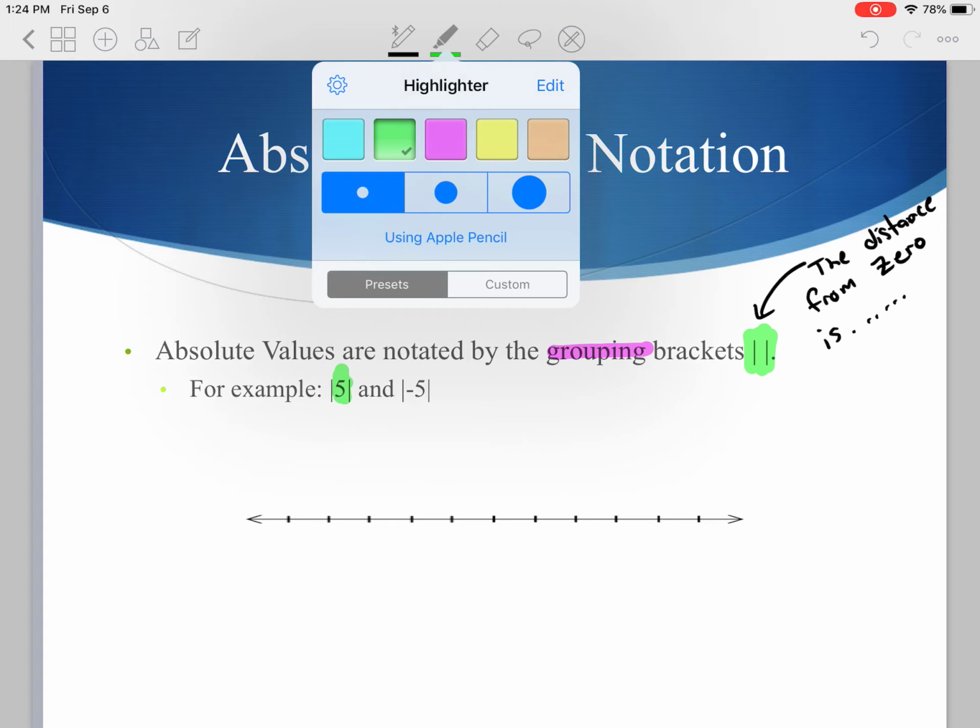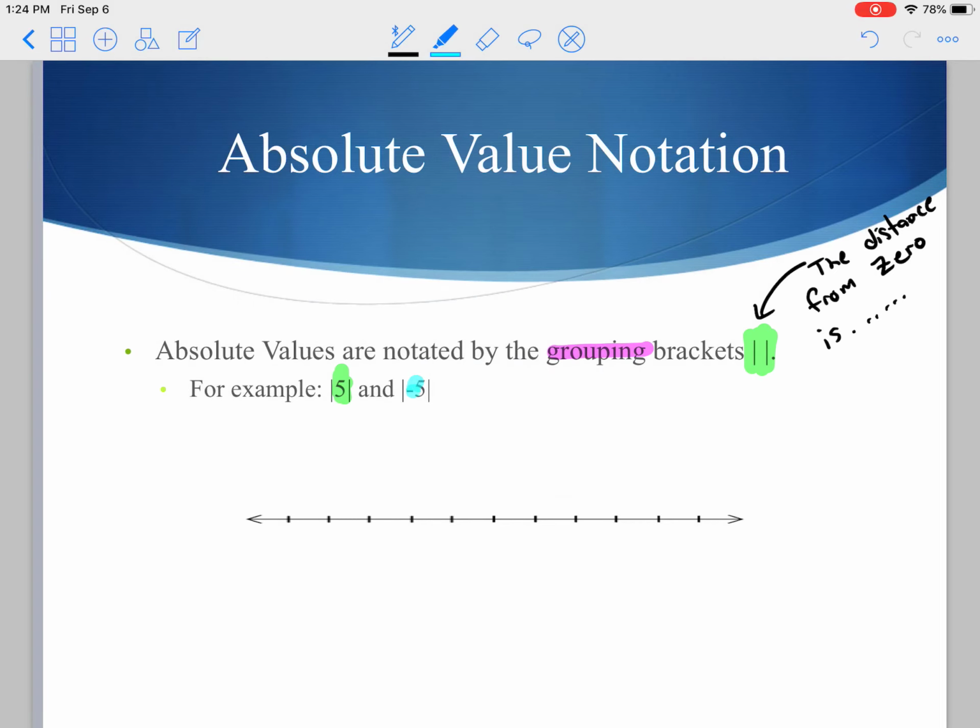And so in the second case, I now have a negative 5, but when we consider it in the context of our number line, and again moving in the negative direction toward negative 5, I would still read this particular instance as the distance from 0 is 5. So the absolute value of negative 5 is equal to 5.